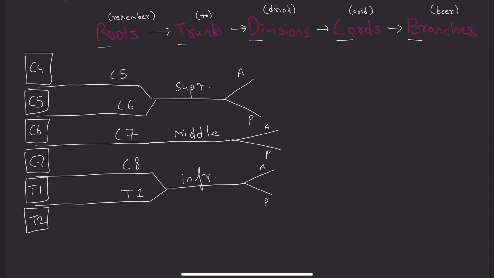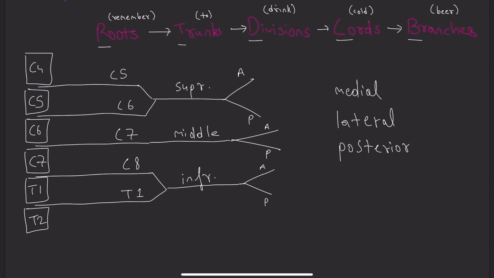Now I want you to remember that we have 3 cords which form the brachial plexus. Firstly, we have the medial cord, then we have the lateral cord, and lastly the posterior cord. So you can see the word medial has 6 letters, the word lateral has 7 letters, and the word posterior has how many? 1, 2, 3, 4, 5, 6, 7, 8, 9. 9 letters.